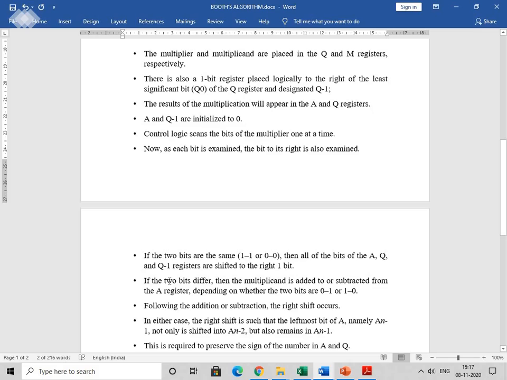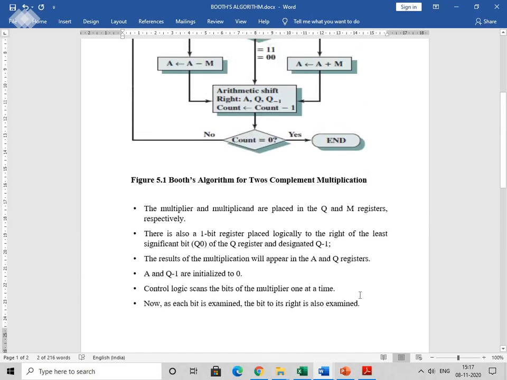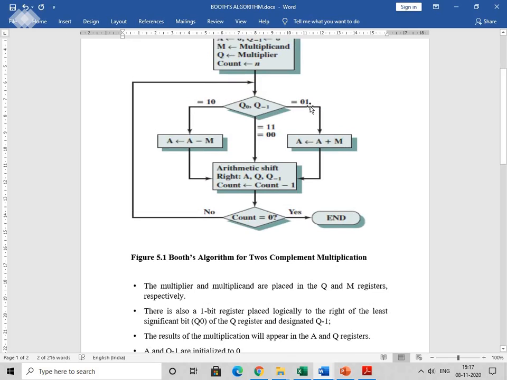If the two bits differ, that means it can be 0 1 or 1 0, then the multiplicand is added to or subtracted from the A register depending on whether the two bits are 0 1 or 1 0. So if we observe from this flowchart, if it is 0 1, that means if Q0 is 0 and Q minus 1 is 1, then we are going to do the addition. And if the Q0 is 1 and Q minus 1 is 0, then we are going to do the subtraction, right?